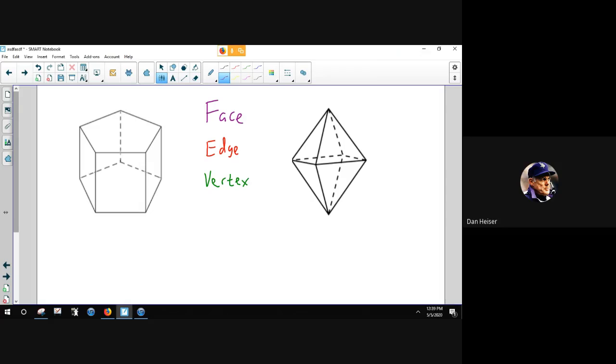So on each of these figures, I will point to an example. A face is simply one of the polygons that make that solid. If you think of a room that you're currently sitting in, one wall of that room is a face, assuming that the room is not curved. Most rooms typically have 6 faces.